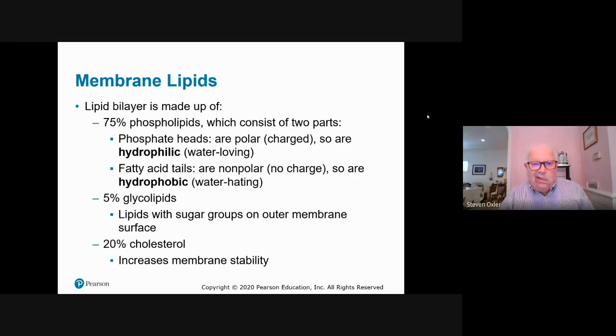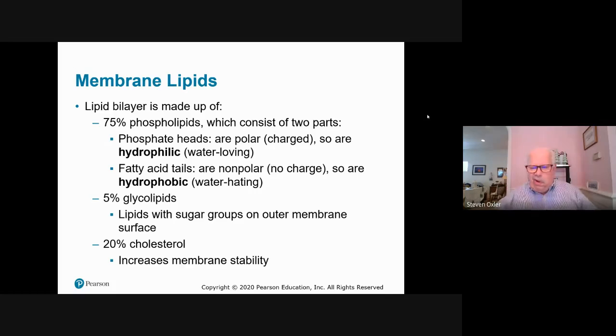The tails are made of fatty acids. They are nonpolar. They have no charge. They are hydrophobic. Hydro meaning water, phobic meaning hate. Hydrophobic, water hating. The remainder of the bilayer is composed of 5% glycolipids, lipids with sugars added to them. And the rest is 20% cholesterol.